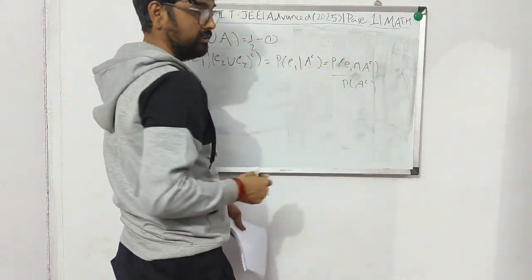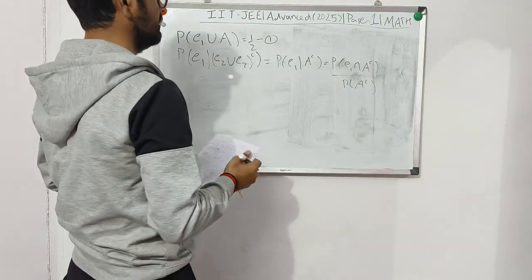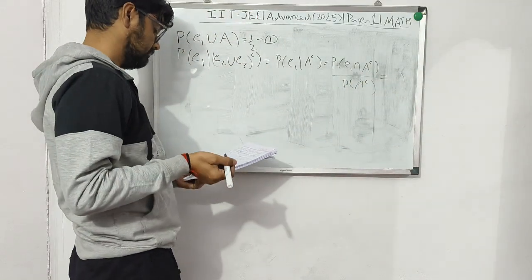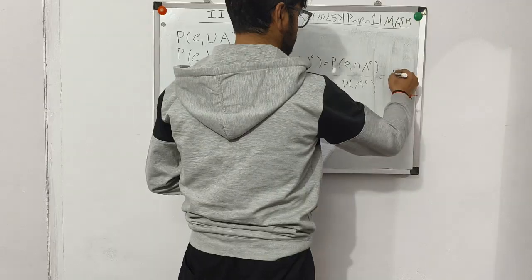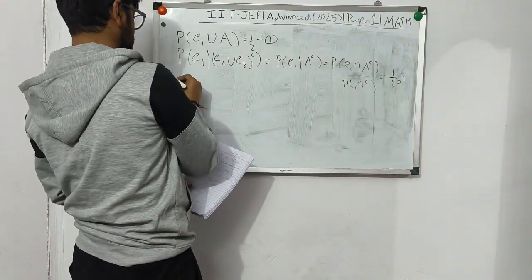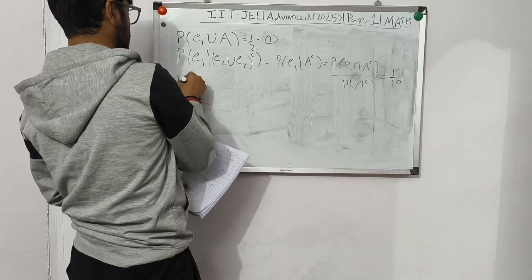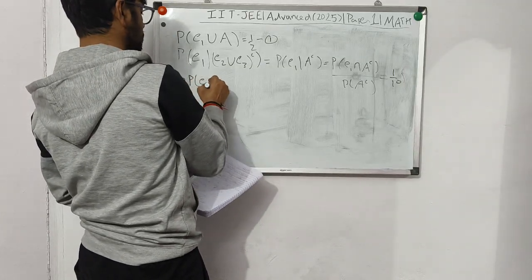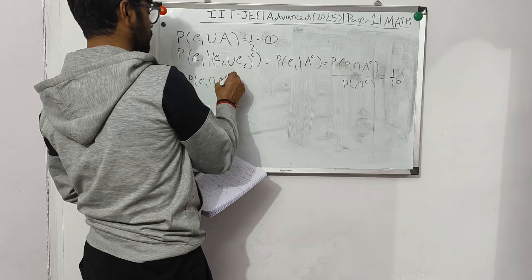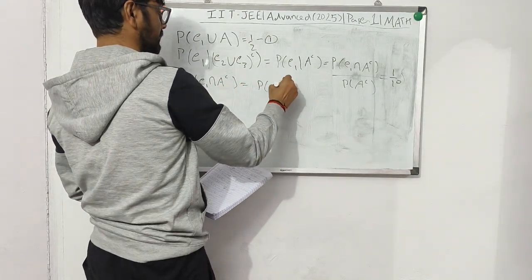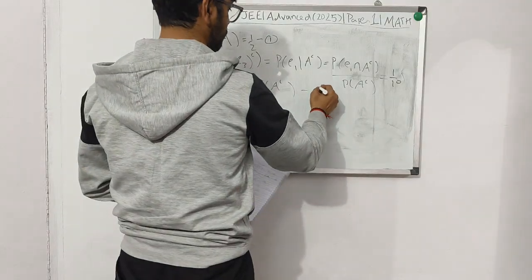This is from the definition of conditional probability, and this equals 1/10. So we are going to rewrite this as 10 times P(E1 intersect A complement) equals P(A complement). This is our equation 2.